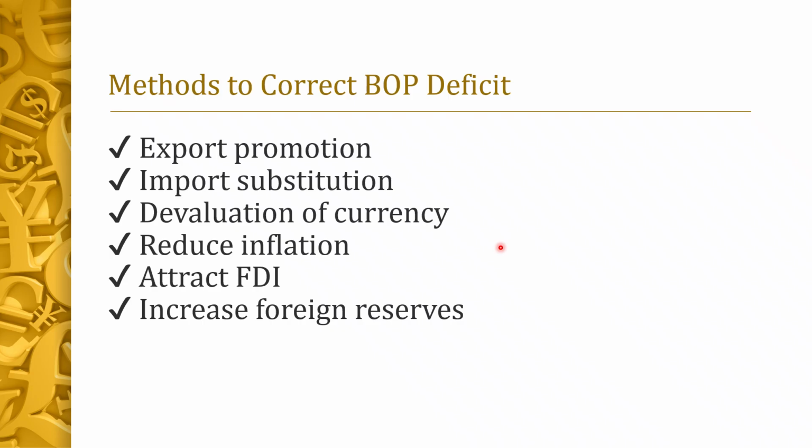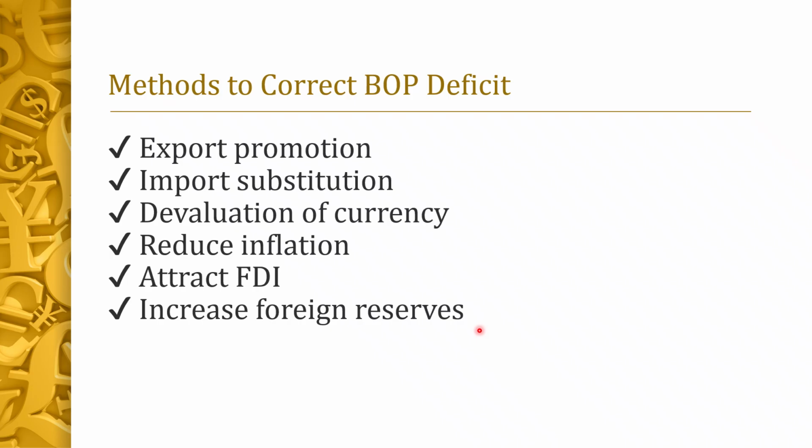Then we look at attracting FDI, encouraging multinational companies to invest in India. It helps in bringing capital into the country, it creates employment, it reduces the pressure on BOP, and finally strengthens the capital account. Then increasing foreign exchange reserves.